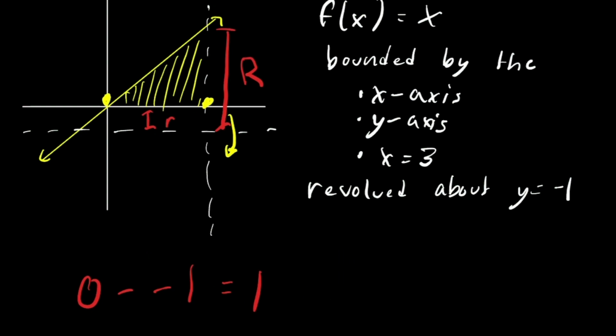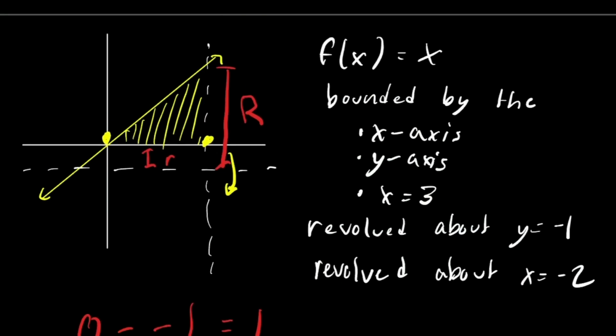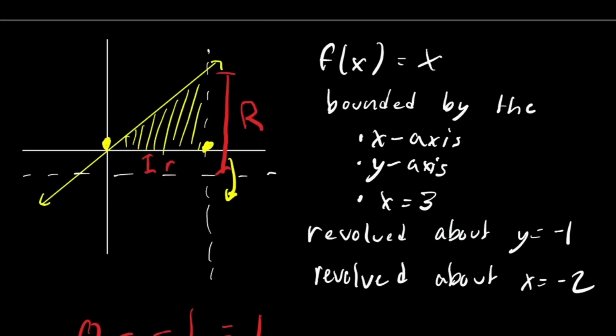You could also be asked revolved about x equals -2. You'll never be asked to revolve it about an axis that intersects with our shape.